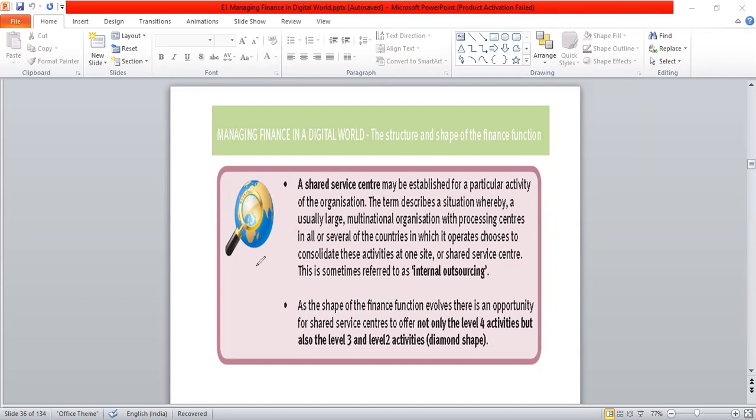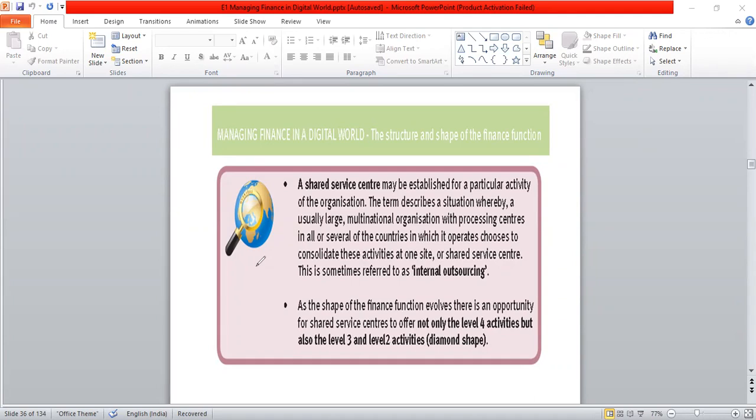So instead of having a manufacturing unit here in every country wherever they are placed, the manufacturing of all the components will be carried out from one location, and then later on it would be transferred or sent to other places.